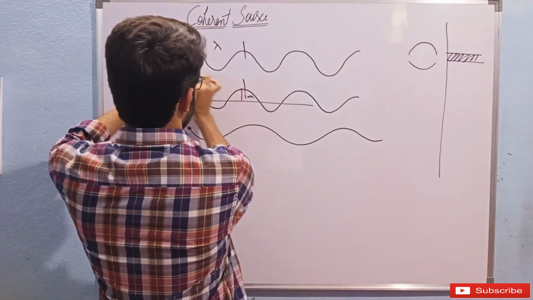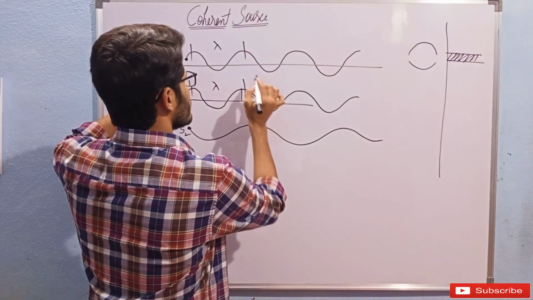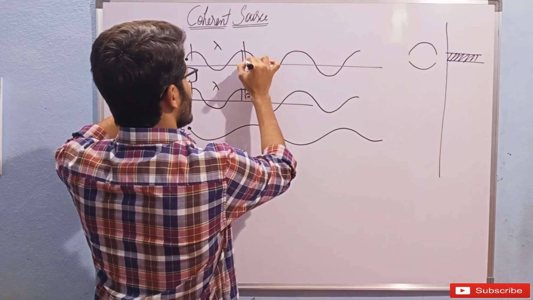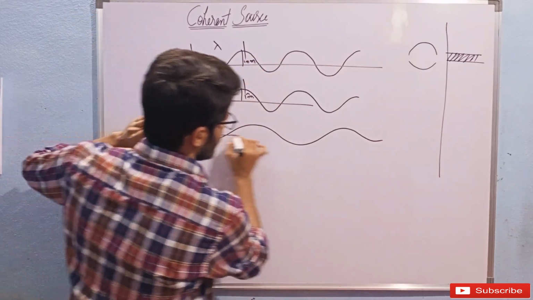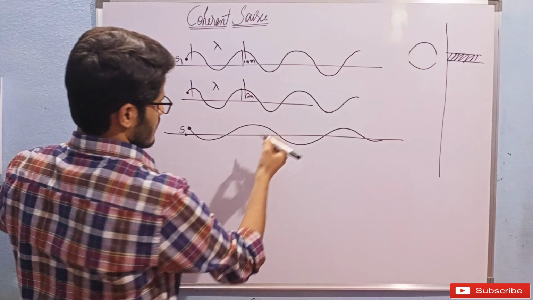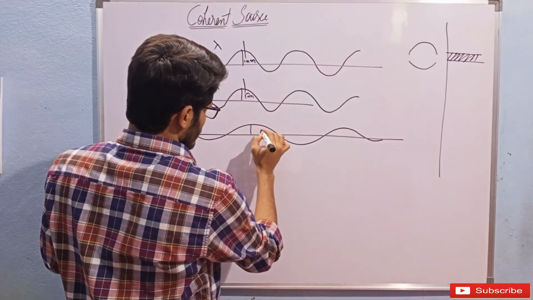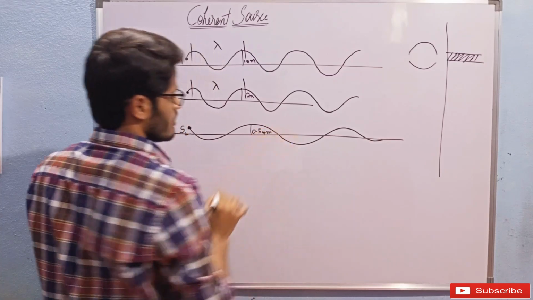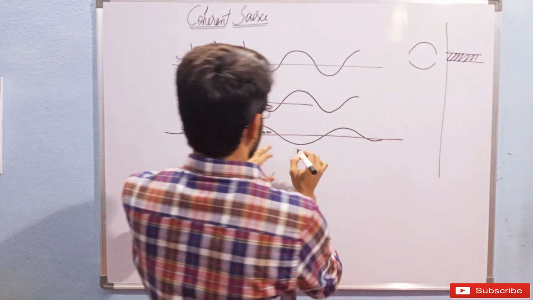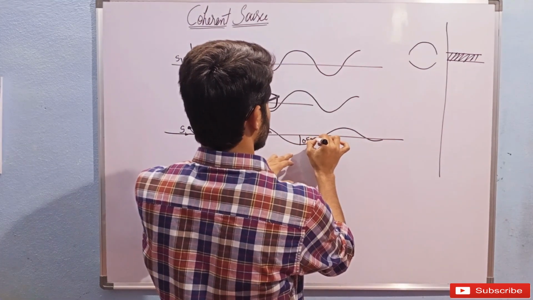Suppose I take 1 nanometer, and this is also 1 nanometer. Here I have a different wave with 0.5 nanometer amplitude, so its bottom also has 0.5 nanometer amplitude.